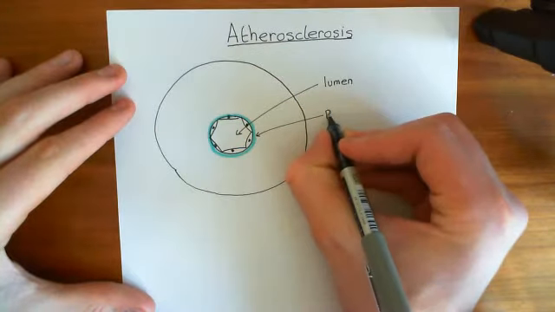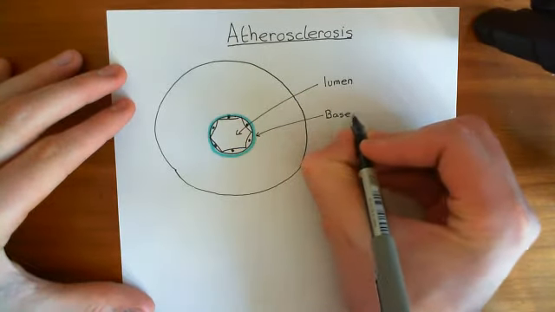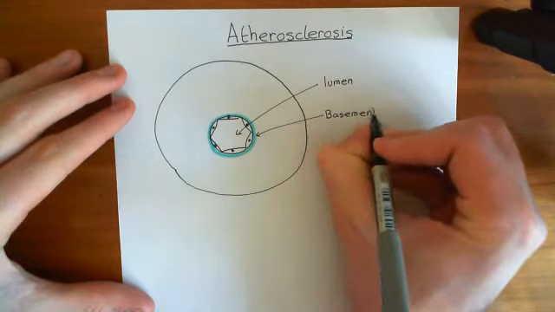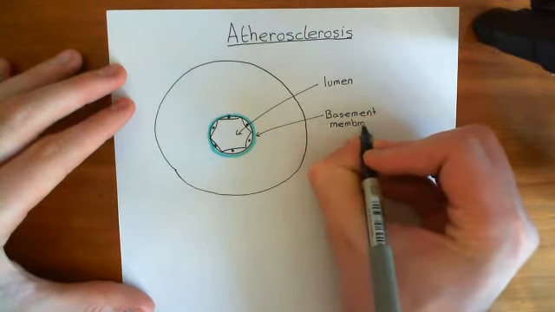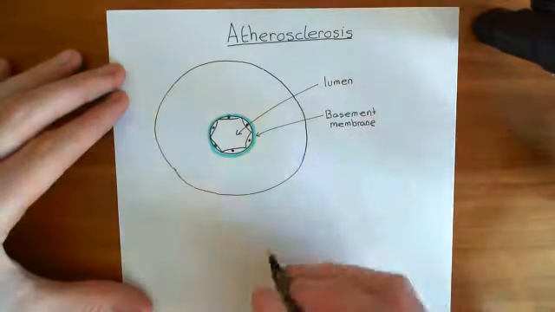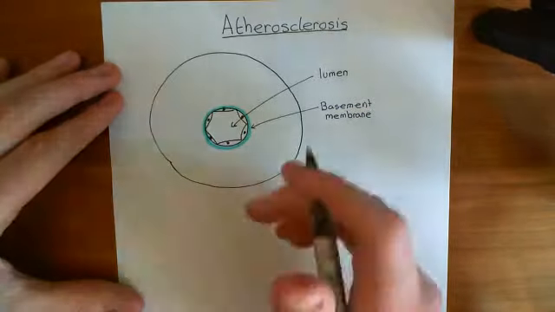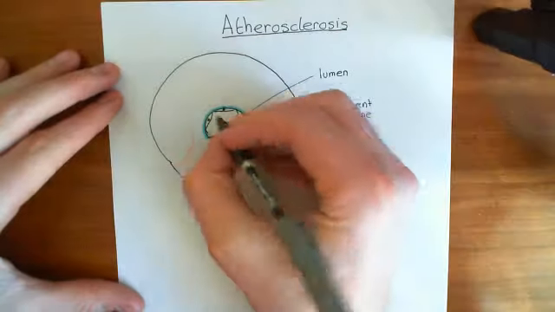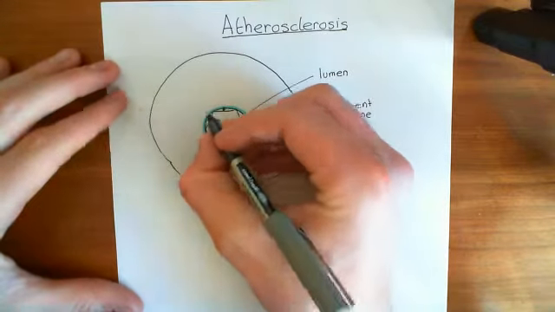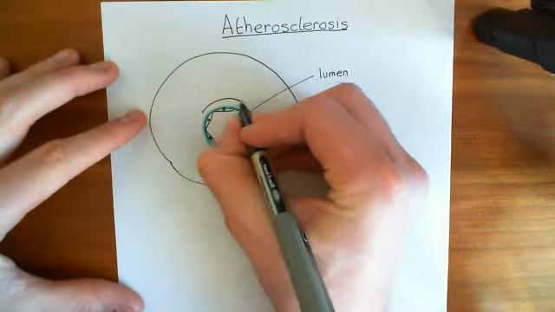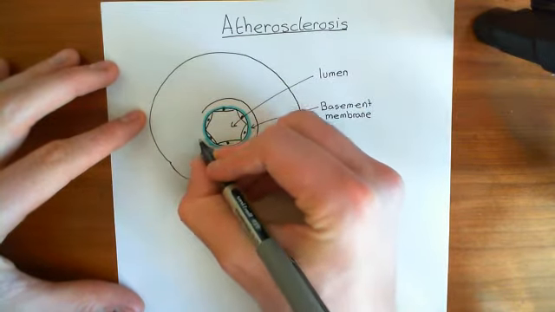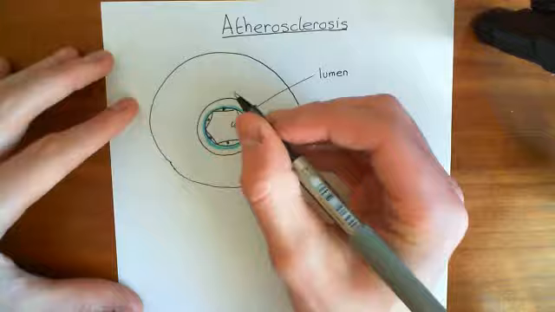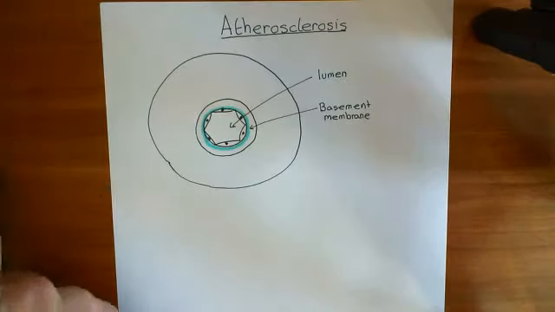Now, underneath the basement membrane, there is more connective tissue, which is known as the subendothelial connective tissue. I'll put another little layer around like this, and I'll colour this in orange.